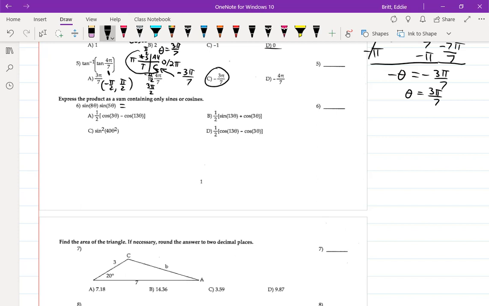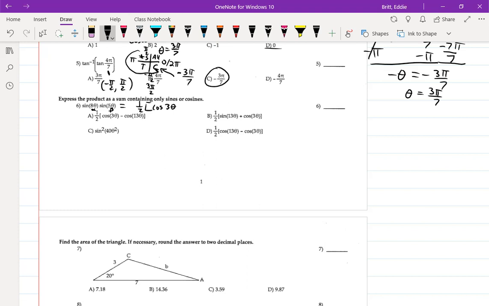So that's going to be equal to 1/2 times, the first angle measure is alpha, and the second angle measure is beta. So it's going to be 1/2 times the cosine of alpha minus beta. So 8 theta minus 5 theta, that's 3 theta.